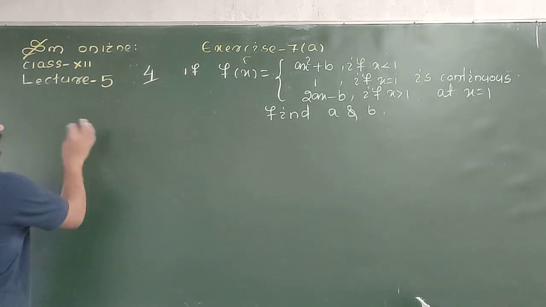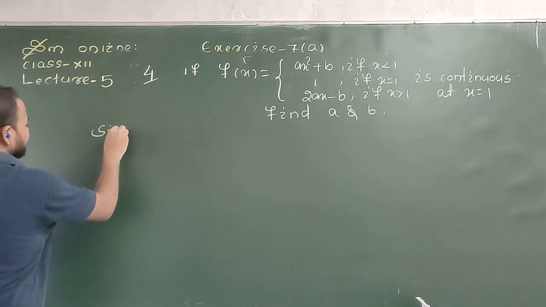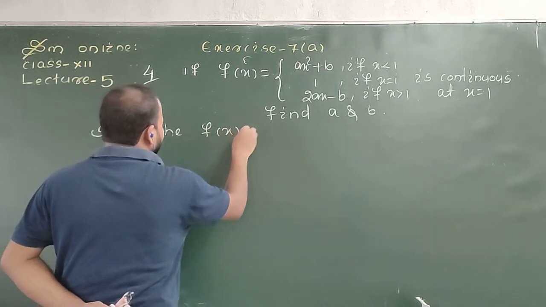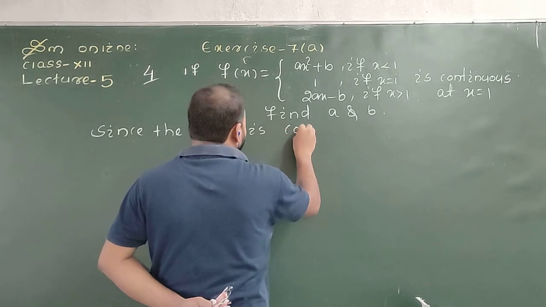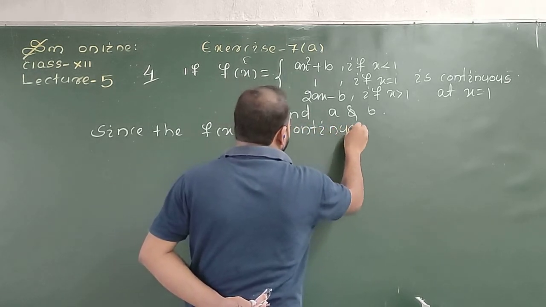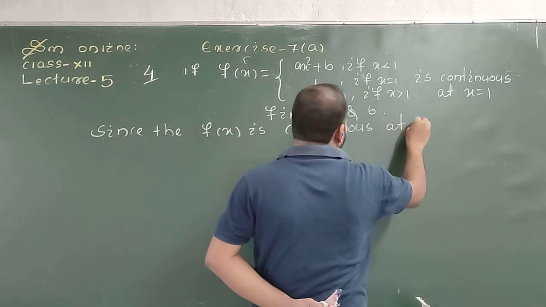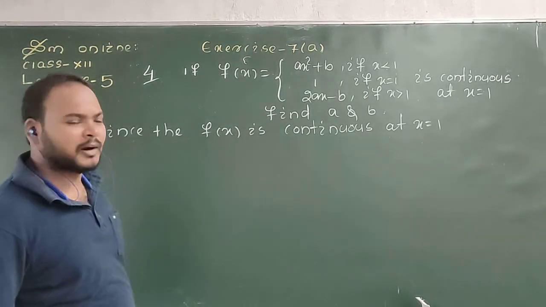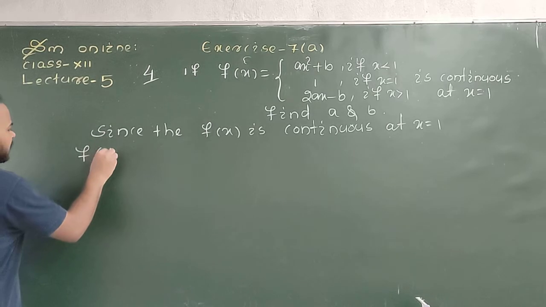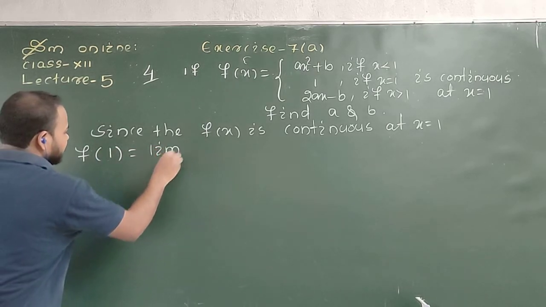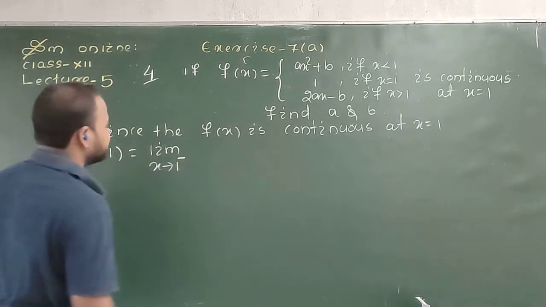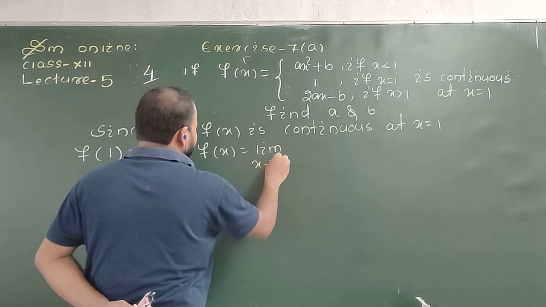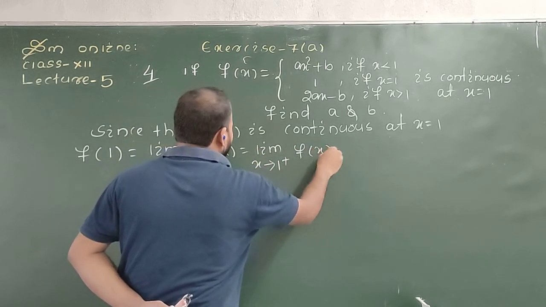Since f of x is continuous at x equal to 1, f of 1 equals limit x tends to 1 minus f of x equals limit x tends to 1 plus f of x.